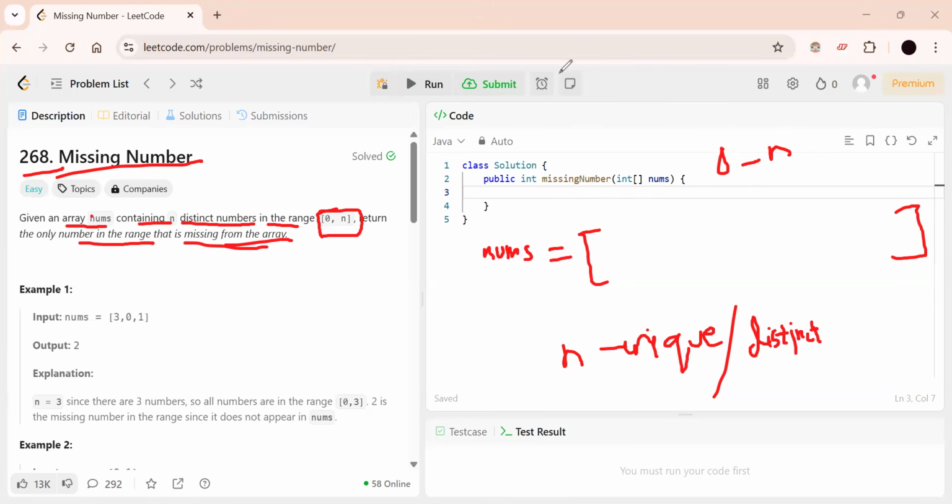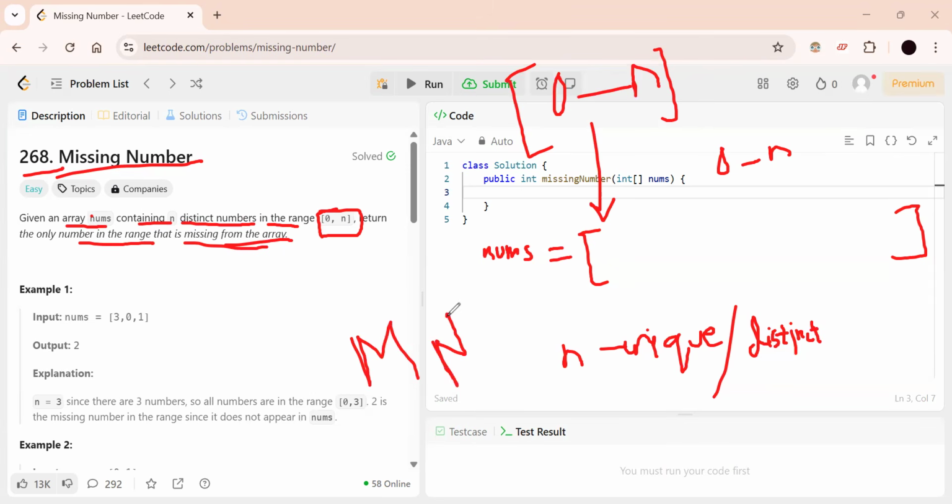So we need to return the missing number from the array, as the numbers will be in the range of 0 to n. You might be thinking, what might be missing? Here comes the main point, guys.